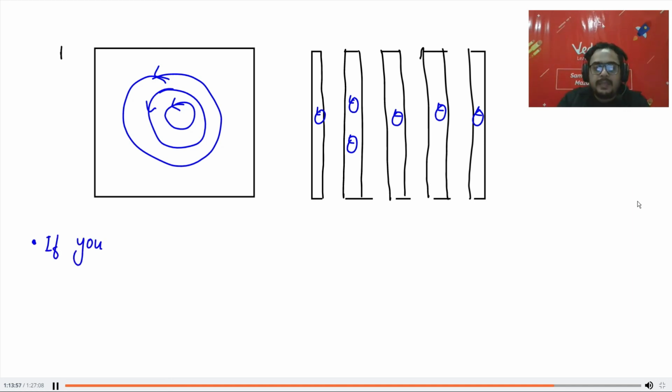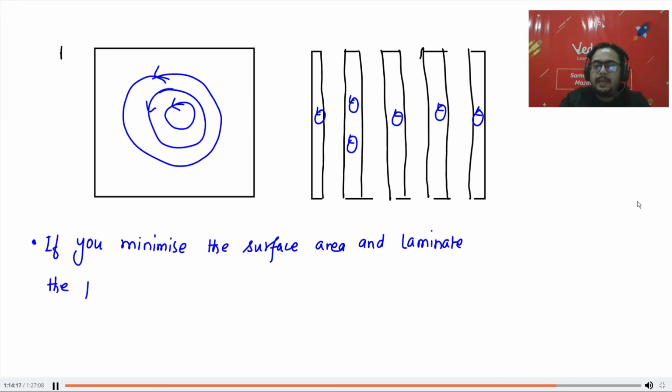So basically, if you minimize the surface area and laminate the plates, eddy current loss is minimized.